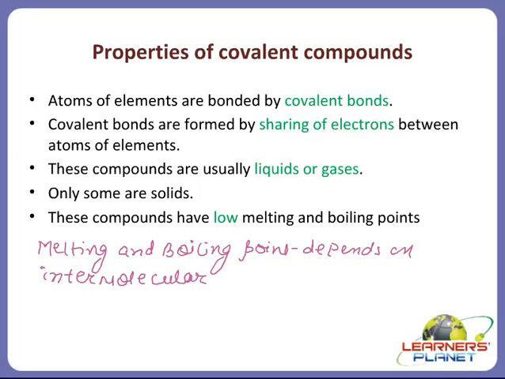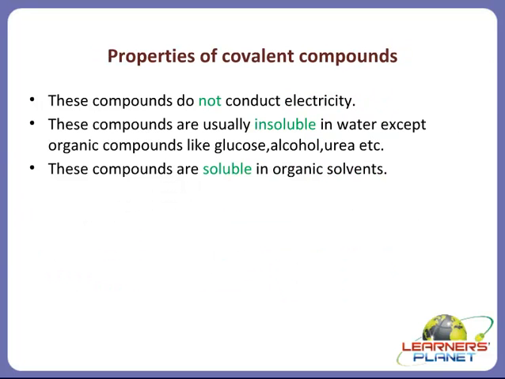So, the more the intermolecular force of attraction, the higher the melting and boiling point. In this case, what is their physical state? It is either liquids or gases. So, they will have what, children? They will have low melting and boiling points. Let's see a few more properties of covalent compounds.